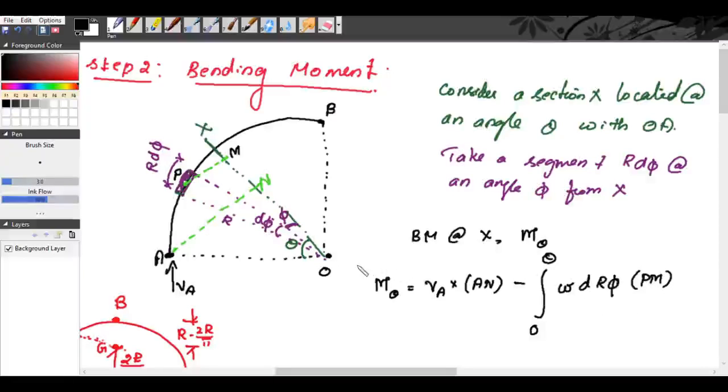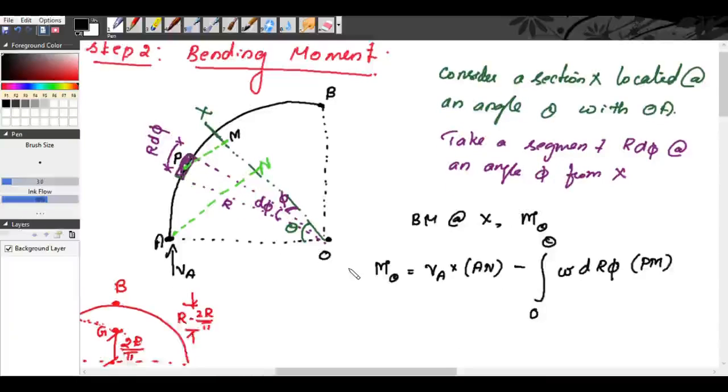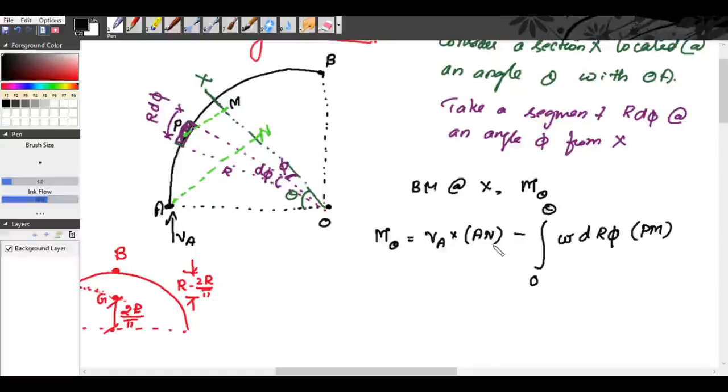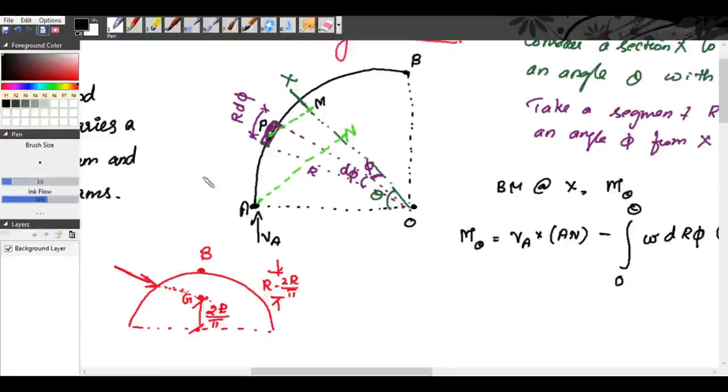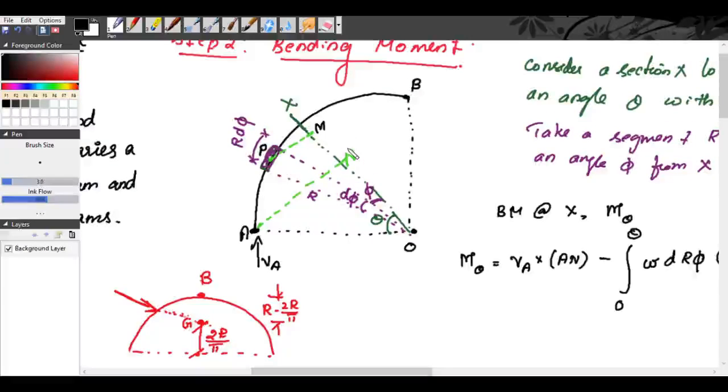Now find what AN and PM are. Take triangle OAN.